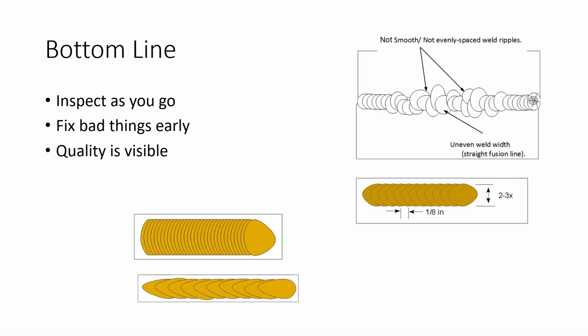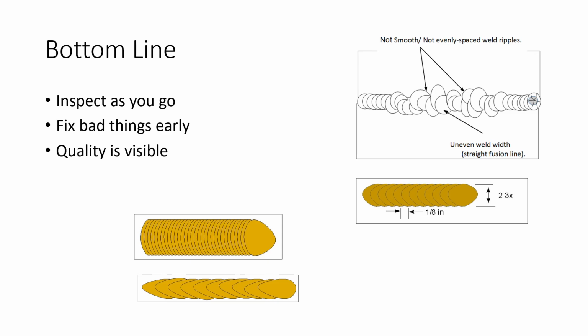So bottom line, we need to inspect as we go. We need to fix bad things early. And we need to make sure that the quality is visible. We don't want to have too wide of beads, because if we've got really wide beads, we can end up putting too much heat into the material and damaging the mechanical and or the corrosion resistance properties of the material.